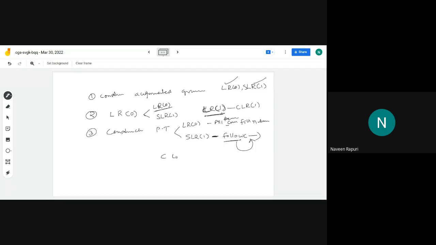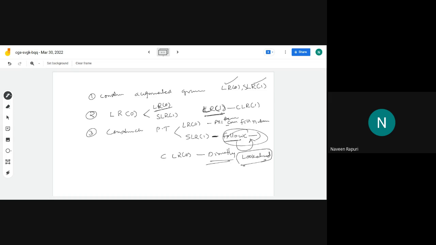Coming to CLR1, no need to find the follow. Directly we can replace. How can we replace the reduced actions directly? With the help of the look-ahead symbol. All the look-ahead symbols are replaced with the reduced actions.